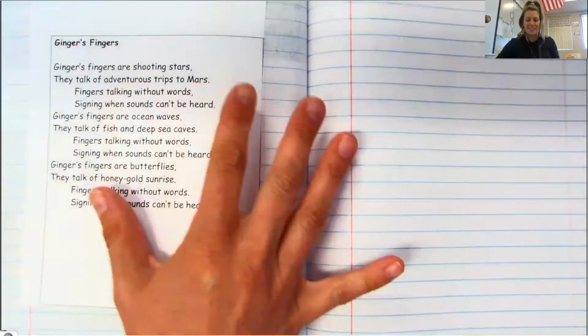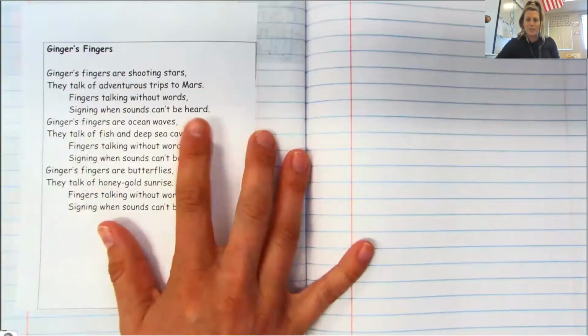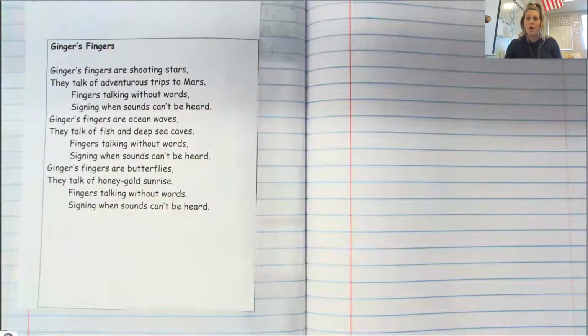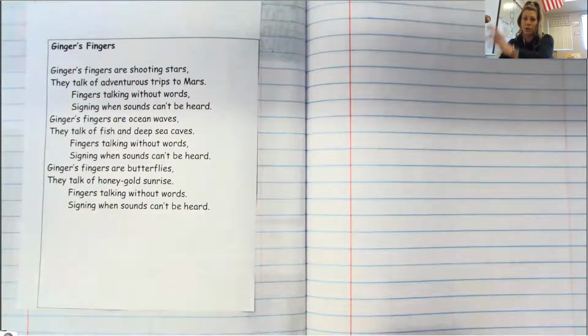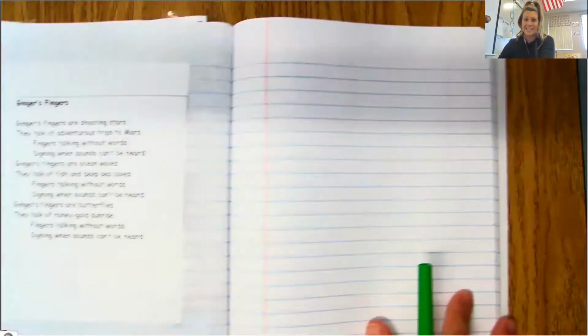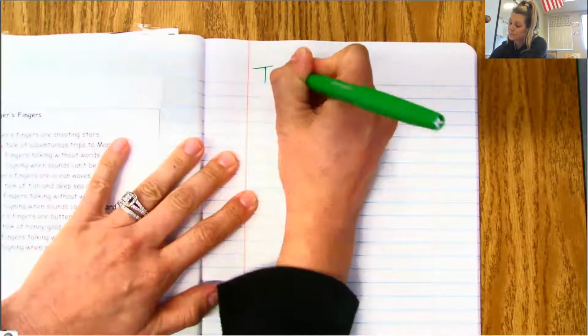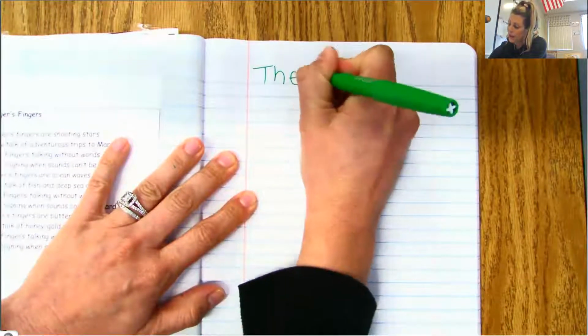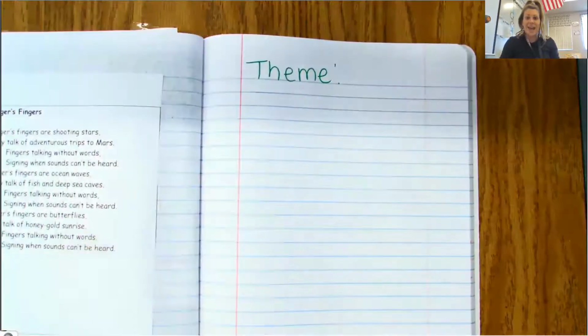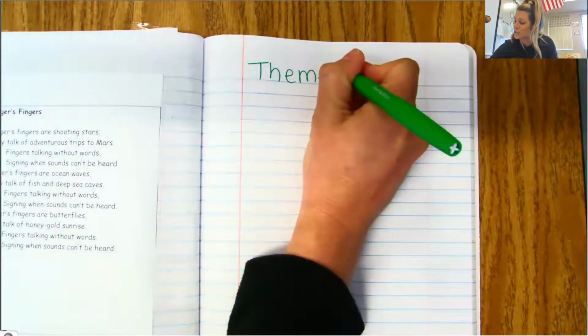So today, when we are working on our poem, we are going to be doing two different things. We're going to be hunting for those metaphors because a lot of times poets use figurative language, but we are also going to be working on and digging deep into the theme. Okay, so that is our text structure this week.